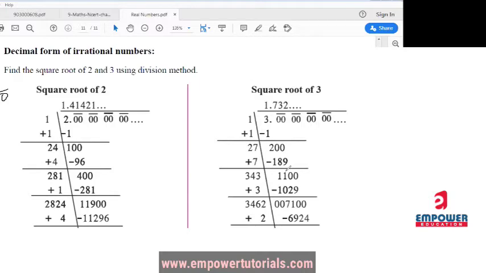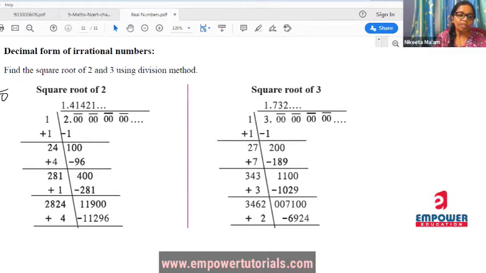No, you don't have to take 4 over here. We are going to take the square root of that number. First, look at this number. 2 is the number, so we look for the perfect square less than 2. It is 1, and the square root of 1 is 1. That's why we have taken 1 over here.